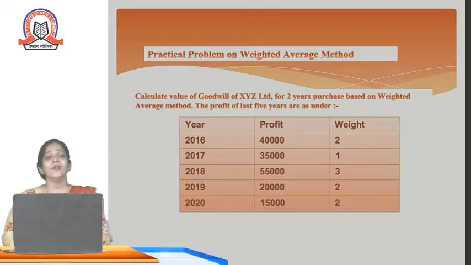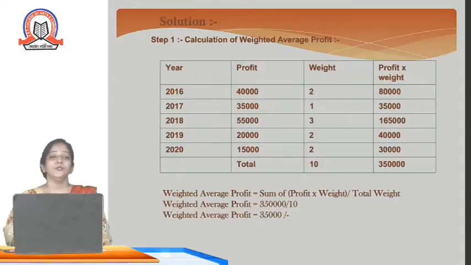Calculate the value of goodwill of XYZ Limited for 2 years of purchase using the weighted average method. Here, from 2016 till 2020, we have 5 years with profits and also weights. Let's see the solution. As you can see, we have drawn a table including the years, profit and weights.